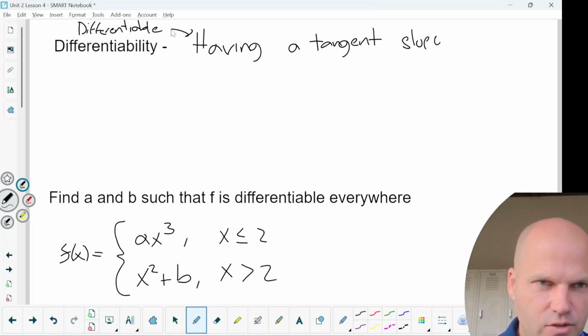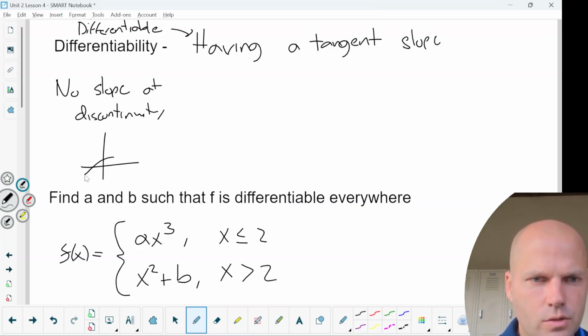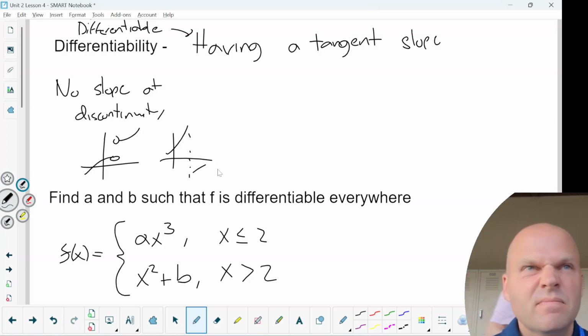Now, when do you not have a tangent slope? You do not have a tangent slope at a discontinuity. So, any jumps, no slope. Any asymptotes, no slope at that asymptote. Holes, no slopes.